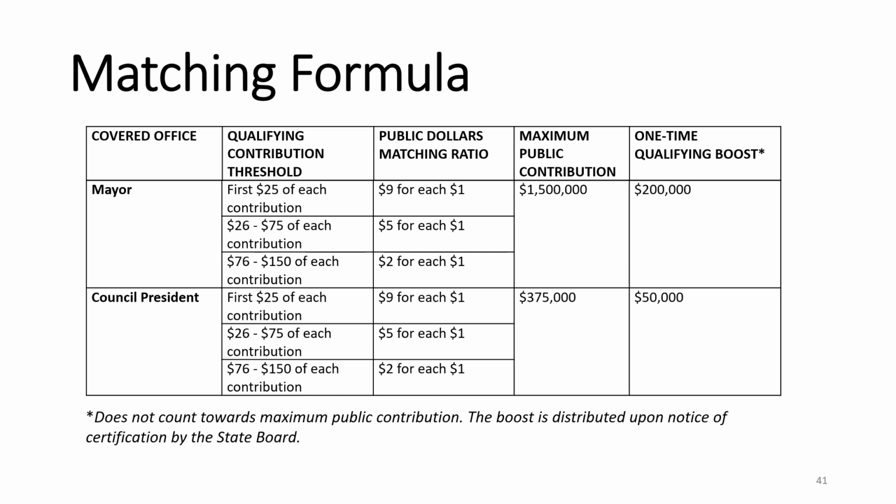Therefore, the total public match for a $60 contribution will be $400. This calculation is repeated for all eligible contributions up to the maximum.